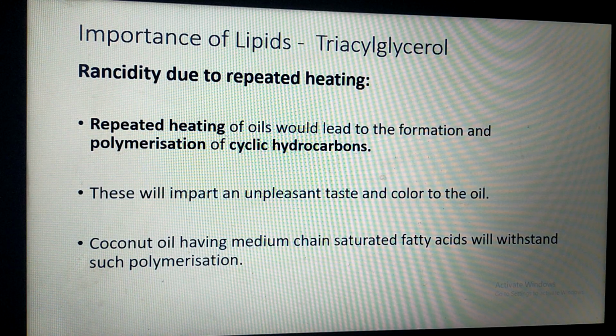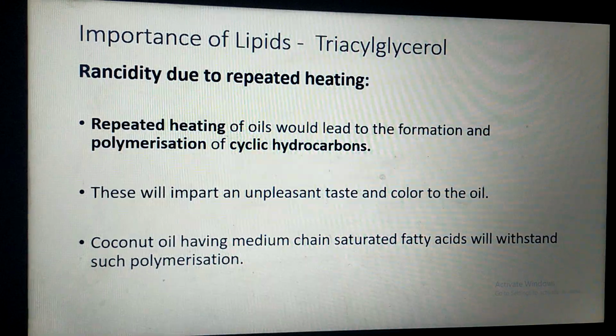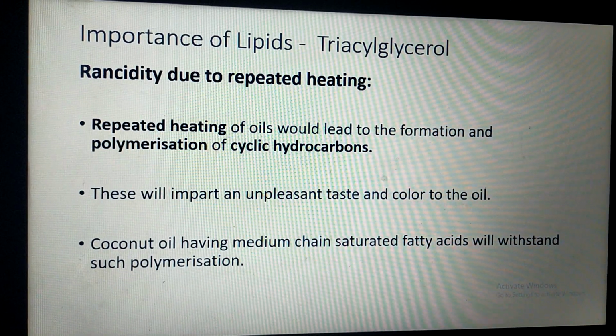So in that purpose they have told that coconut oil will withstand, means it does not show rancidity easily due to repeated heating. So it is resistant to rancidity due to heating.